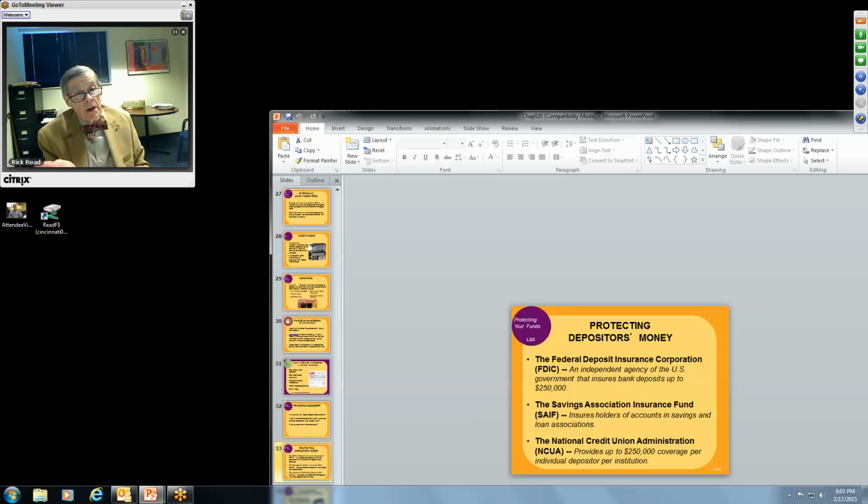Notice it says it's an independent agency of the United States government that insures bank deposits up to $200,000. Savings and loan insurance fund, similar type thing, and then the National Credit Union Association provides up to $250,000 coverage, individual depositor per institution.